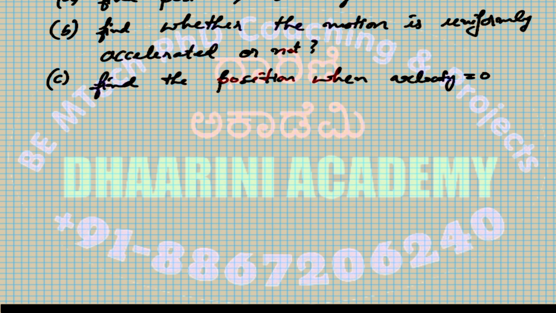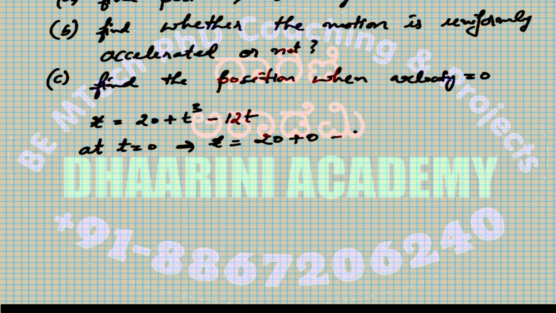It says that put t equal to 0, calculate its position as well as the velocity. So the displacement x is equal to 20 plus t cube minus 12 into t, right? So position means at t equal to 0, calculate x. So x is equal to 20 plus 0 cube minus 12 into 0. So that is equal to 20 meters. So if you want to calculate velocity, that is dx by dt. Differentiate this.